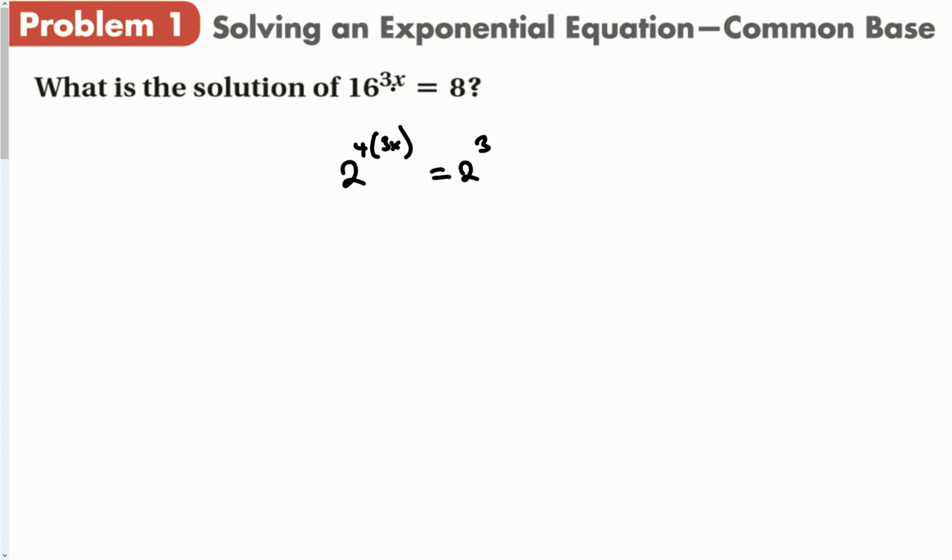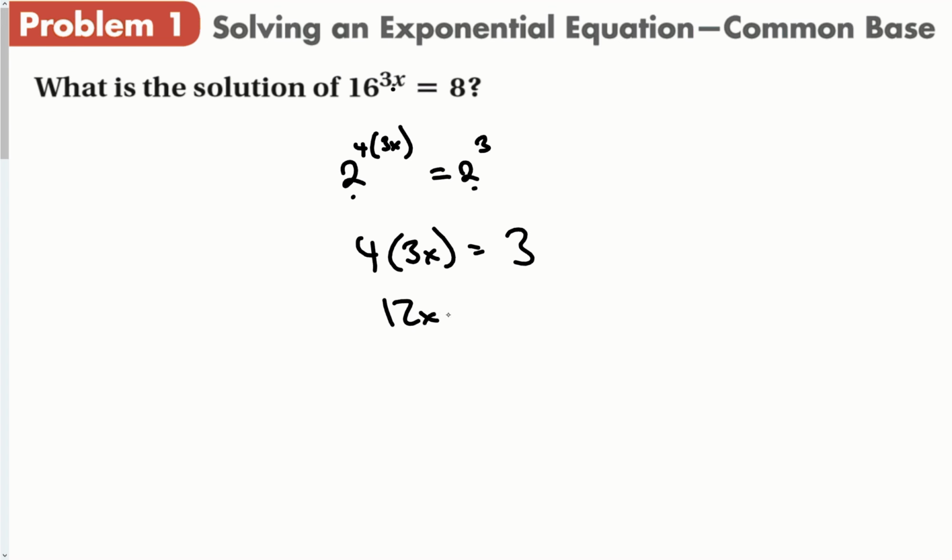Now, the power property of exponents says that if you have the same base, the exponents must be equal to each other, okay? So think about that. This is 2 to the third power. In order for these two sides to be equal, this has to be 2 to the third power as well.